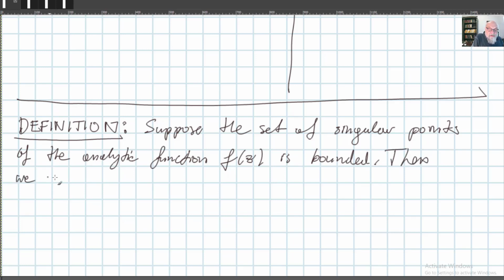then we say that f of z has an isolated singularity at infinity.